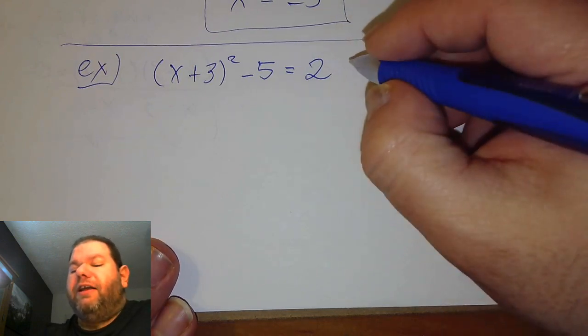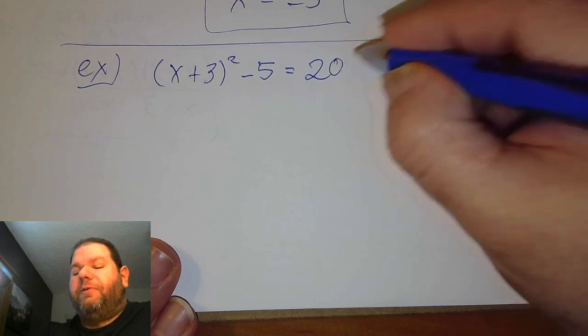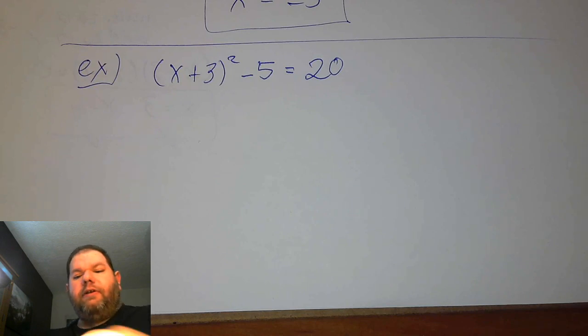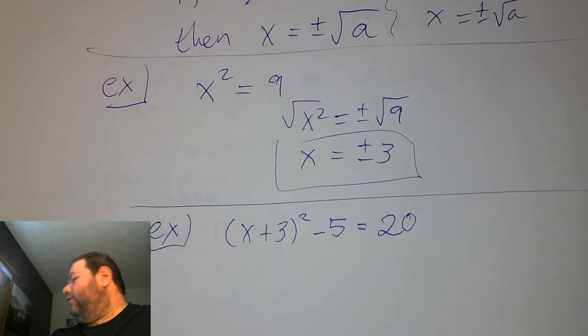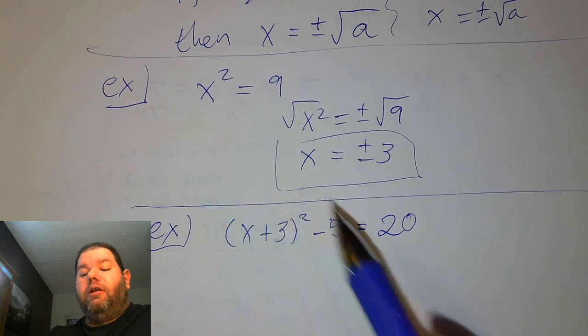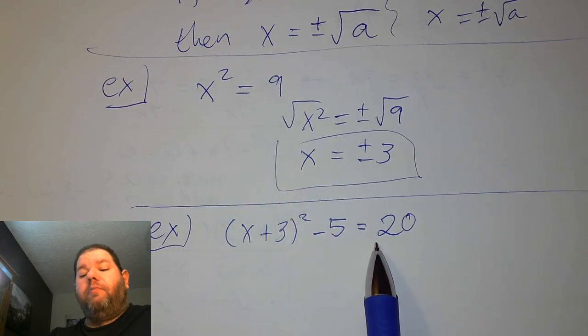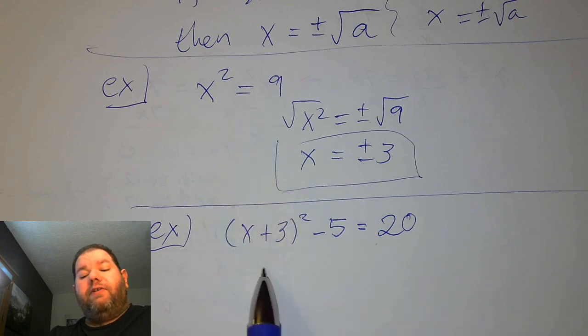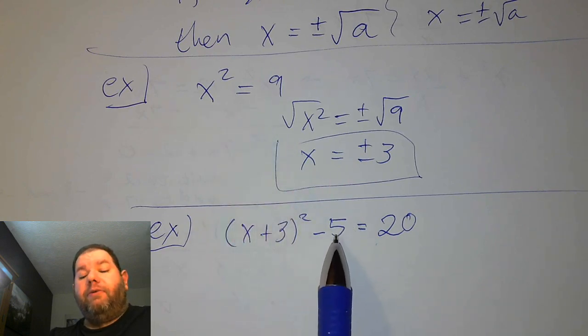Hang on. Sorry. I'm going to call it 20. Yeah, there we go. So we'll say x plus 3 in parentheses squared minus 5 is equal to 20. Now, initially we may look at that and say, well, what does that have to do with this problem? This is really a problem that we can work in the same way that we approach this problem. It just doesn't necessarily look like it to begin with.